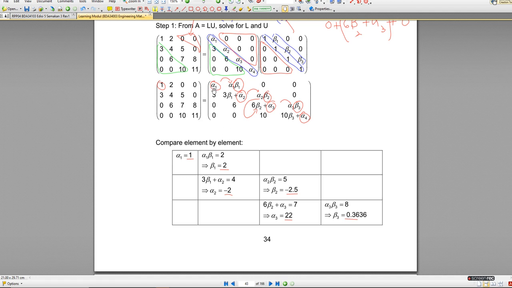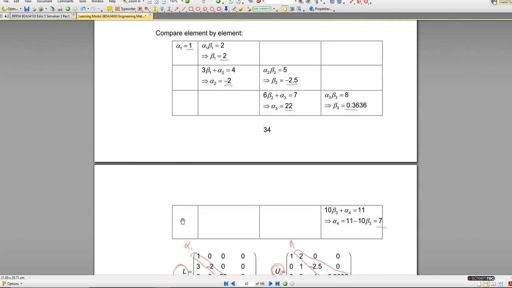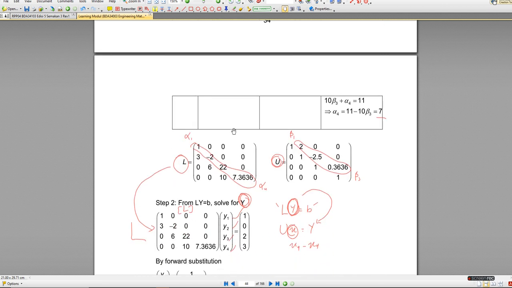What is the value of alpha 1, alpha 2, alpha 3 and alpha 4? This is similar to the Doolittle and Crout method procedure. You compare element by element based on the calculation table here.